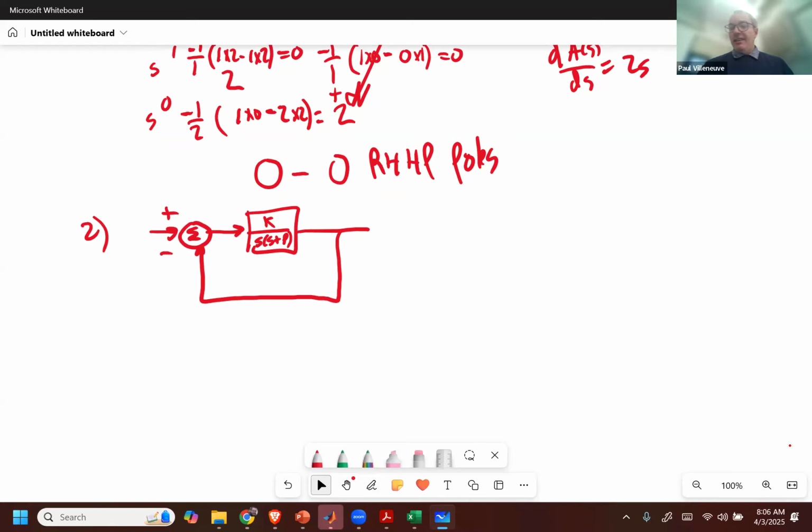And I said, if K is equal to 4, find the value of P so that the system has an overshoot of less than or equal to 5%. That's the first part. And then the second part is the settling time is less than or equal to 4 seconds. So what we have to do is assume that this is a second order system.